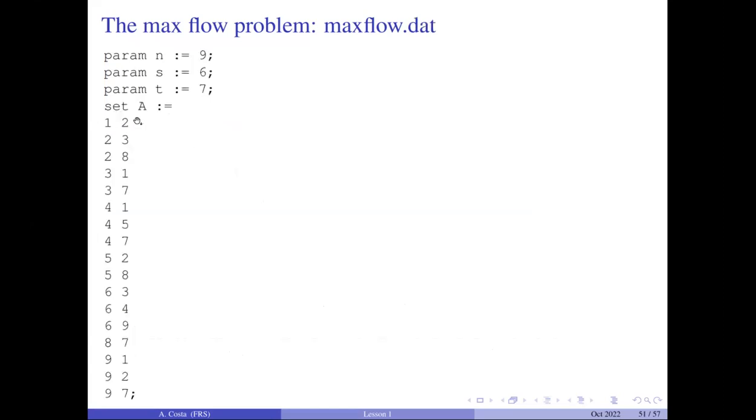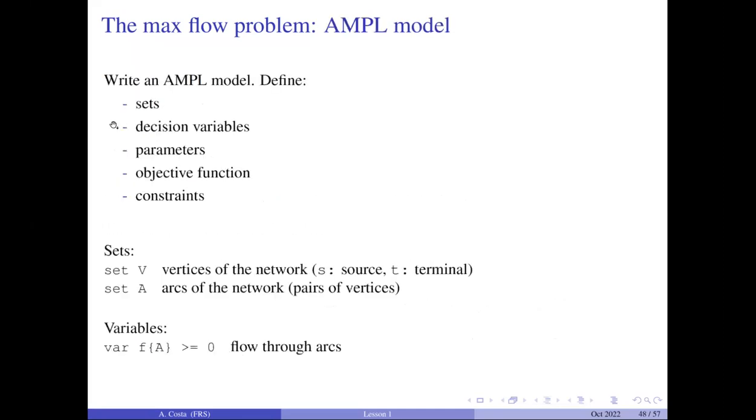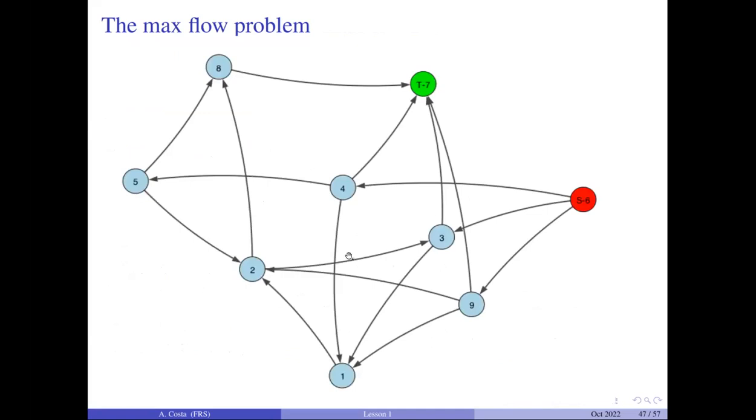So every element of A here is a pair of numbers defining the two vertices where the arc is lying. So for example, 1, 2 means that I have an arc connecting node 1 and node 2. Each arc is identified by the starting and ending node.